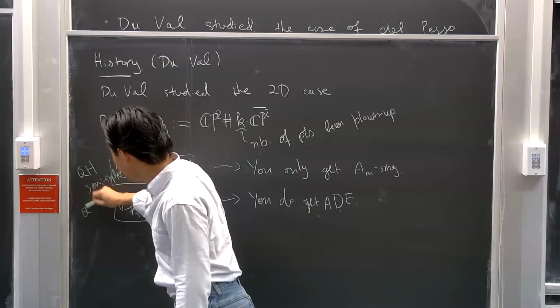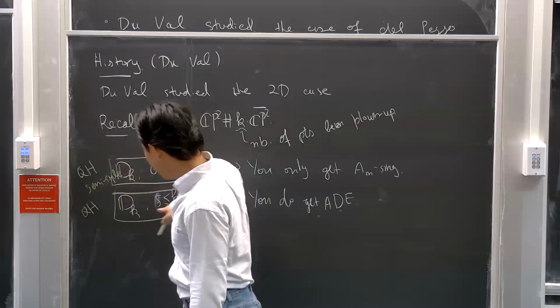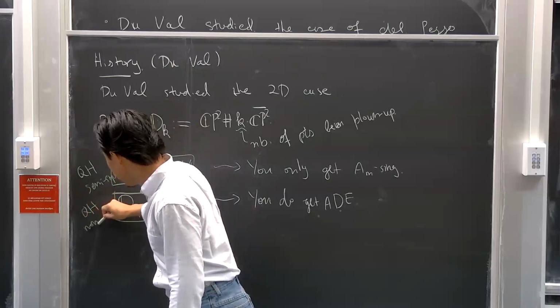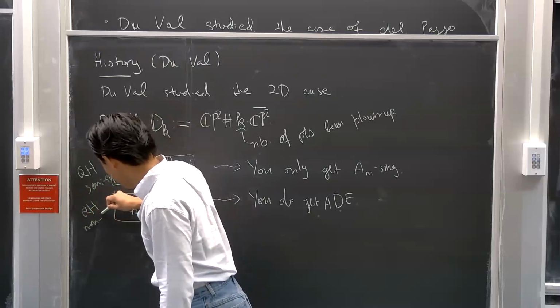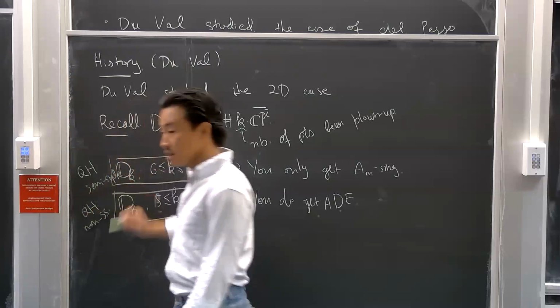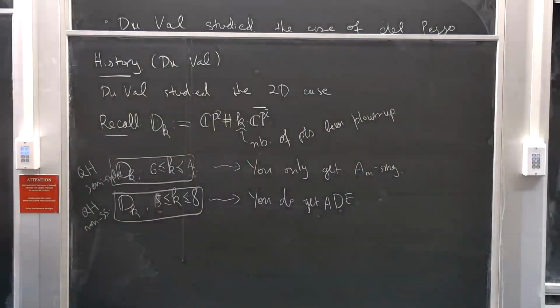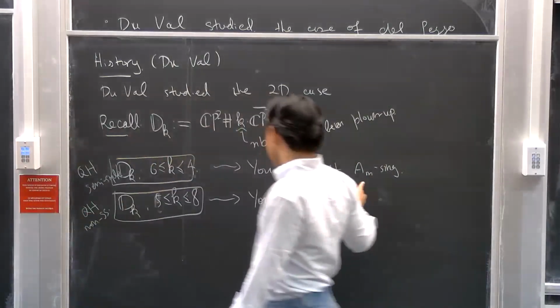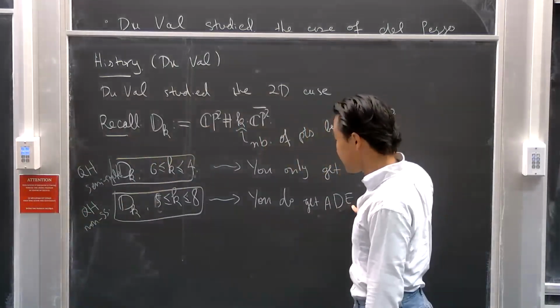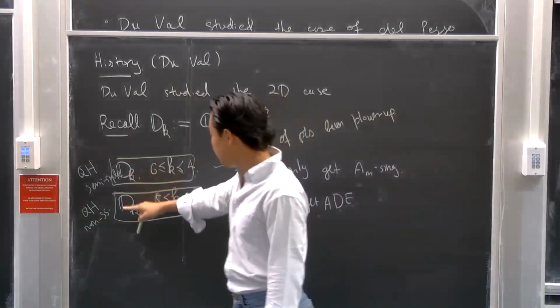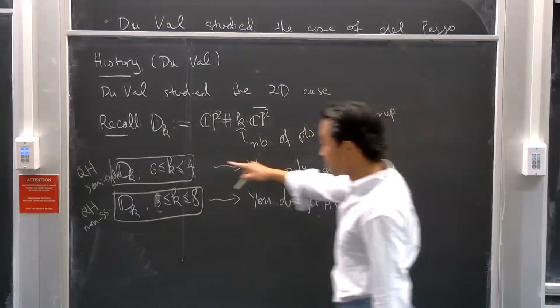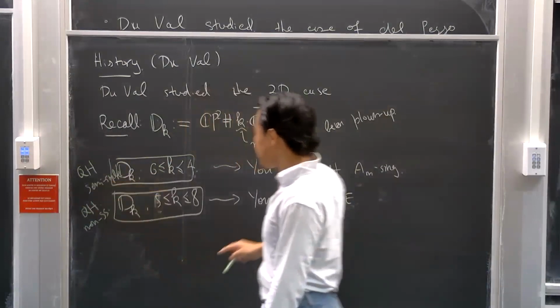And for the second category, if you start blowing up a lot of points, then they're not semi-simple. So you see that here, the semi-simplicity forces A_m singularities and not that they exclude DE singularities. And you see that this DE only starts to appear as soon as you break the semi-simplicity.